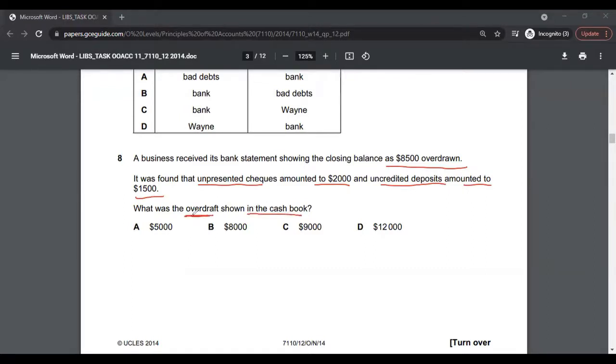So basically, you start with 8,500 overdrawn, add the unpresented checks, and minus the uncredited deposits. So that's 10,500 minus 1,500, which equals 9,000. So the answer to multiple choice 8 is option C. The overdraft balance shown in the cash book is $9,000.